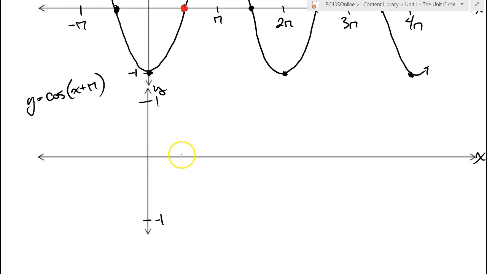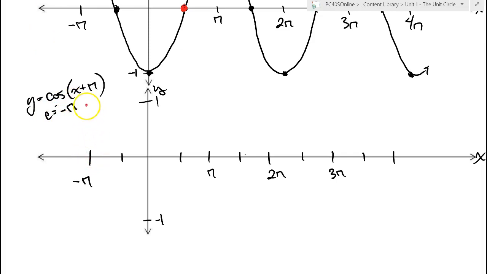The period is going to stay the same, so I'm going to keep working with the whole idea of pi and 2 pi, and negative pi. But instead, my C value here is negative pi, so that's where I'm going to start.